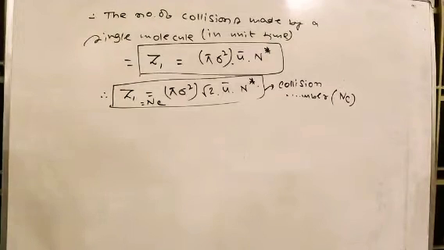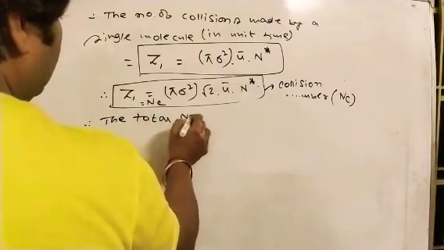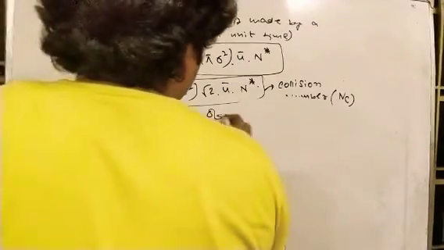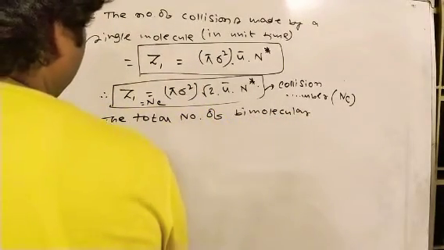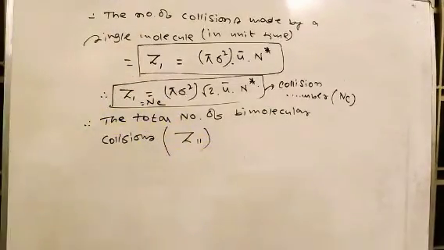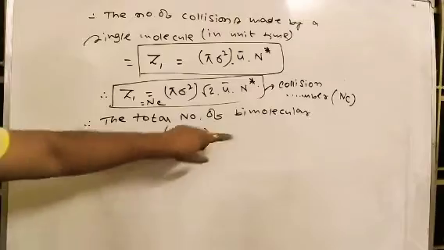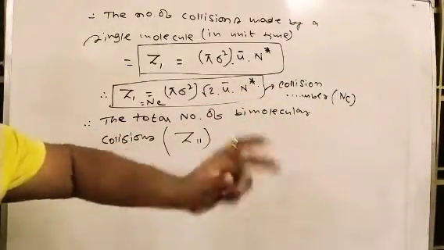My point of view is that therefore the total number of bimolecular collisions, how much will it be? Z11. Z11 means you are taking identical molecules, similar substance.